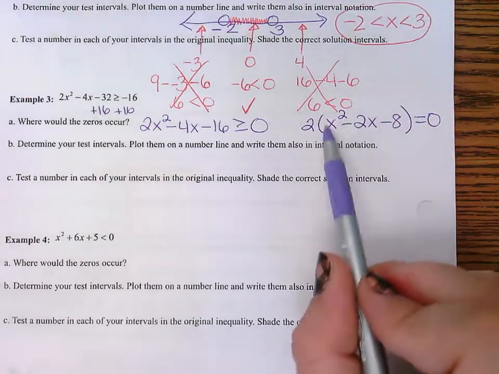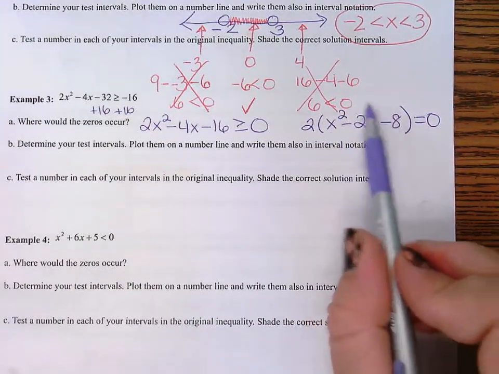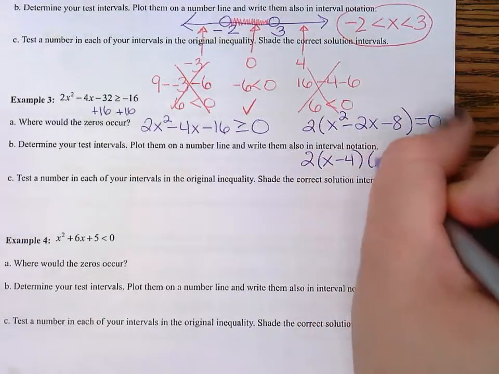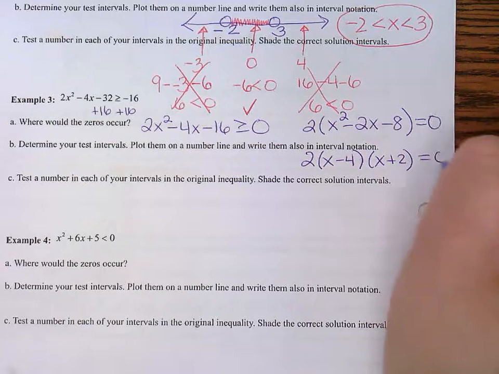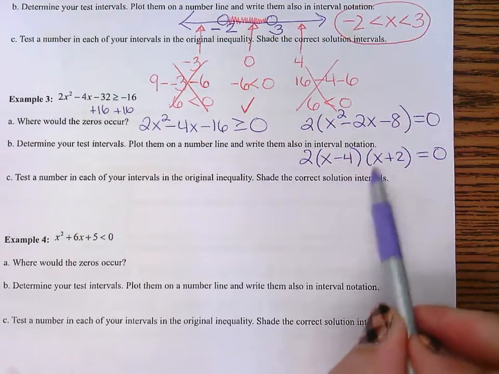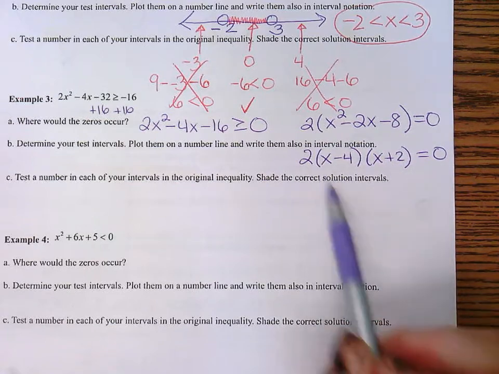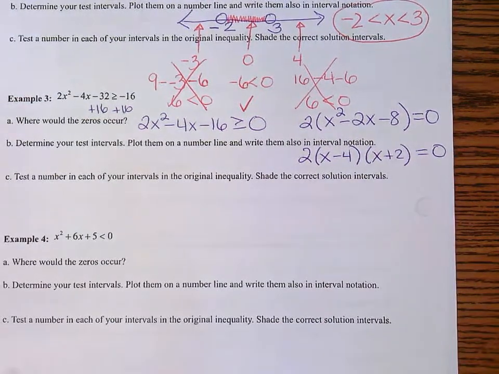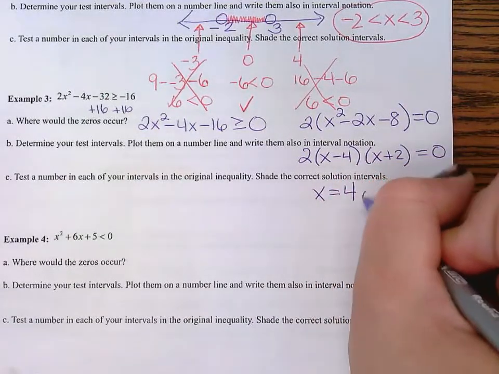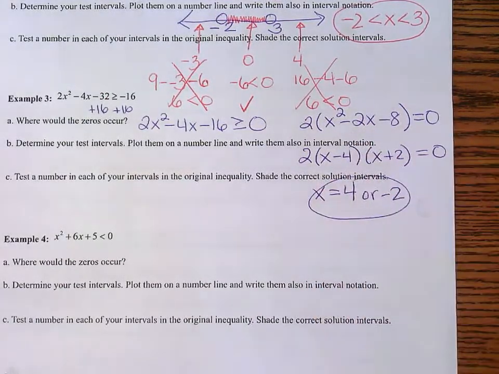This is easily factorable as a trinomial now: 2 times x minus 4 times x plus 2, right? Because negative 4 times 2 is negative 8, and negative 4x plus 2x gives me negative 2x. So my critical values are positive 4 and negative 2.